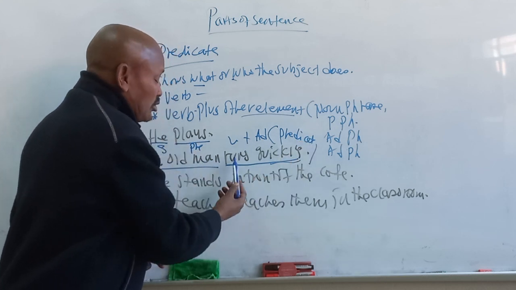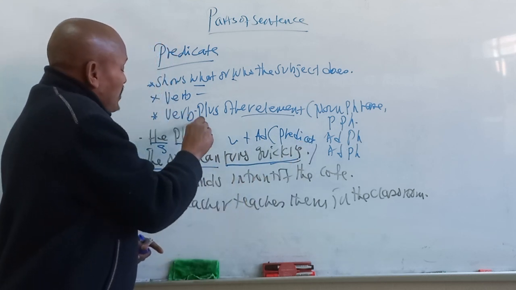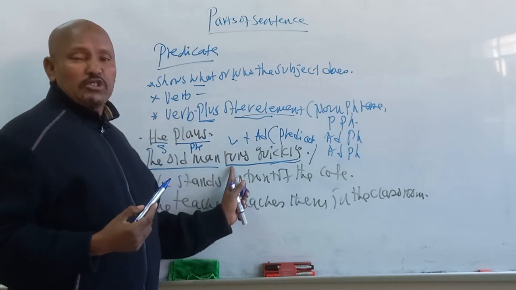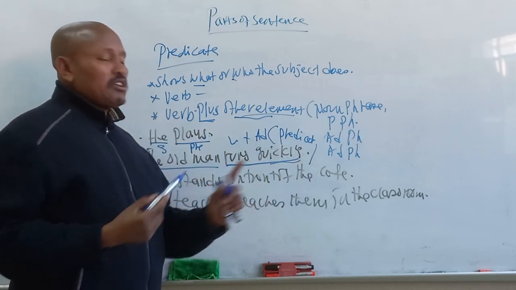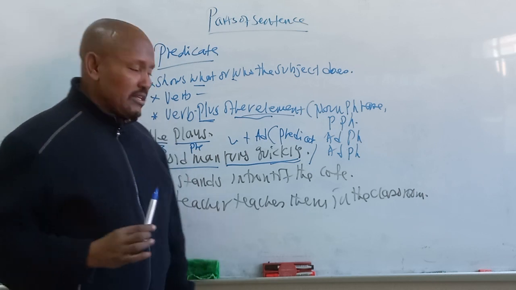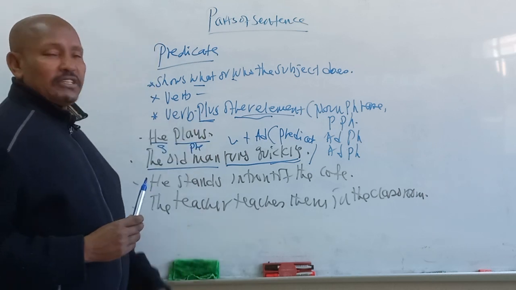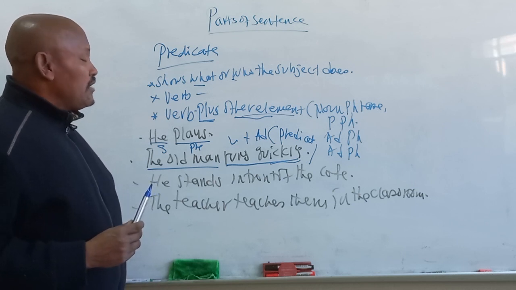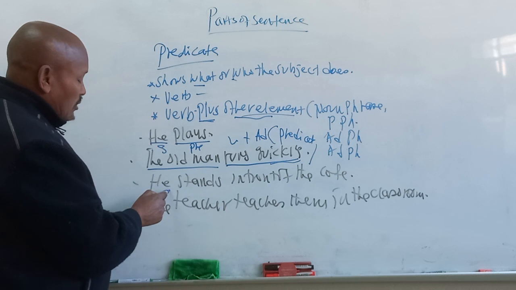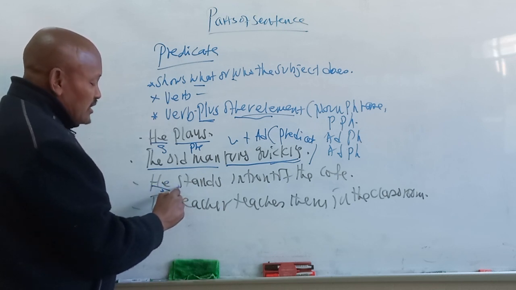Don't take the verb alone. I said beginning from the verb plus other elements. Our starting point is always the verbs, and from the verb to the end we underline it as the predicate of the sentence. The third example is different from the other two: "He stands in front of the cafe." What is the subject here? The pronoun he. Stands is a verb.